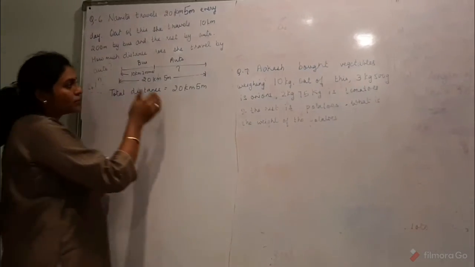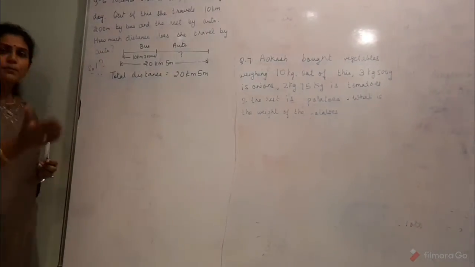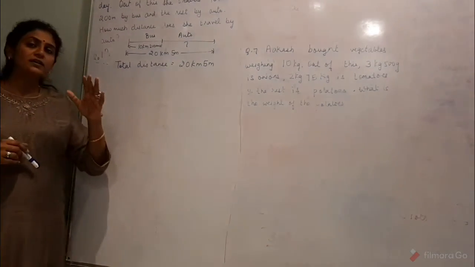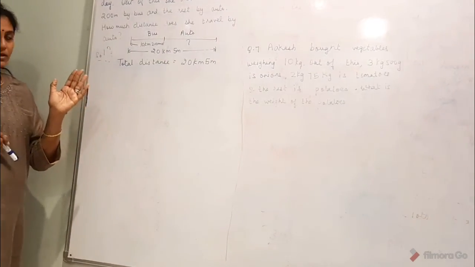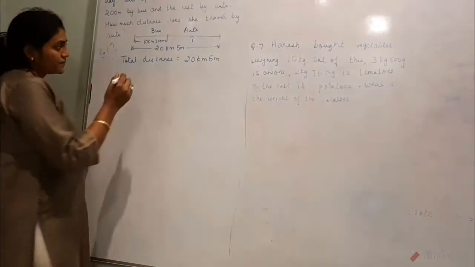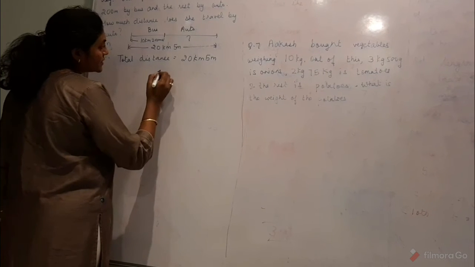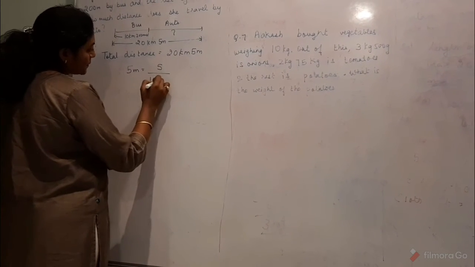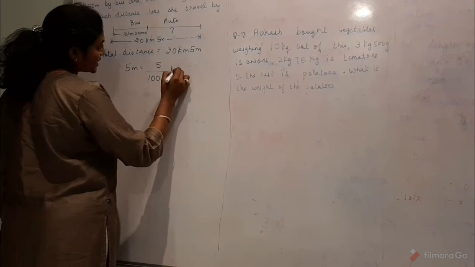So everything is kilometer and meter. Convert meter into kilometer. Generally, you convert to the higher unit. So between meter and kilometer, kilometer is the higher order. So here 5 meter is 5 by 1000 kilometer.